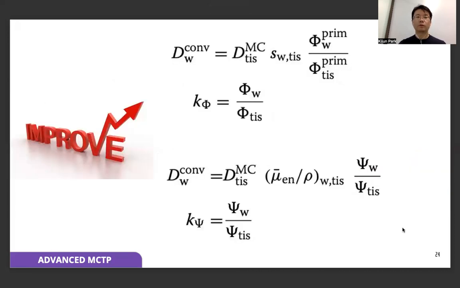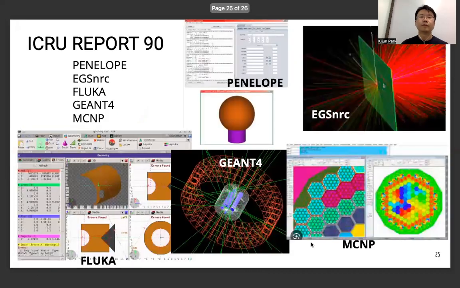So in other words, the dose calculation for water correlated with tissue under Monte Carlo simulation is corrected by the fluence factors, for charged particle and photon cases. ICRU report 90 actually improved a lot, summarized this research argument, and concluded the answers to these two questions.